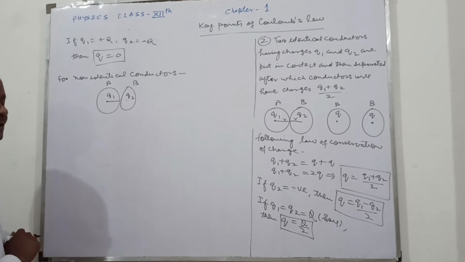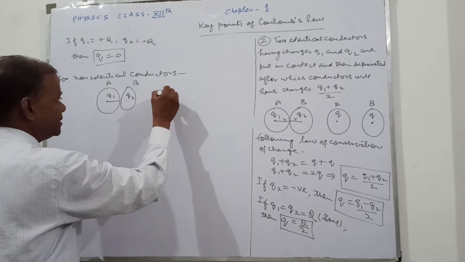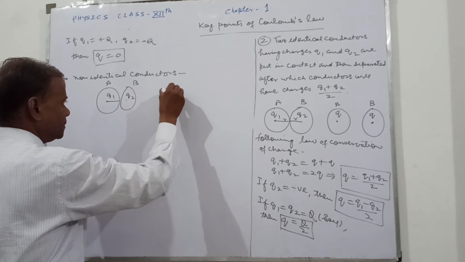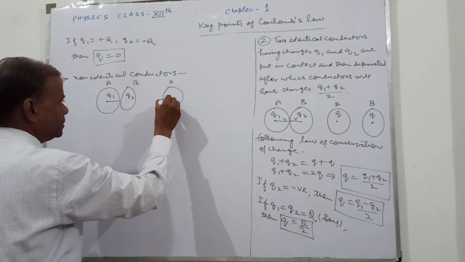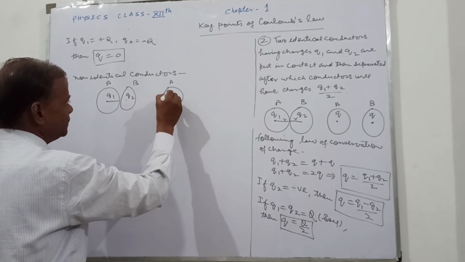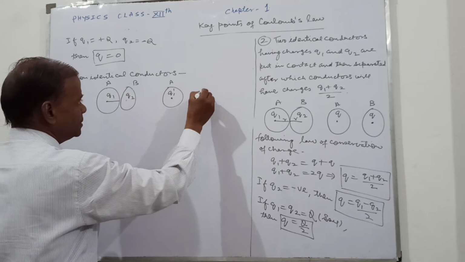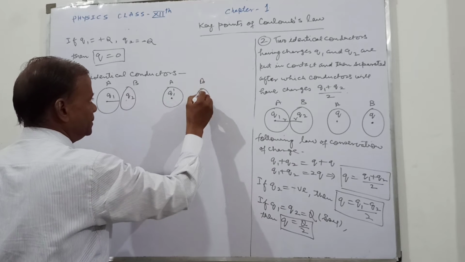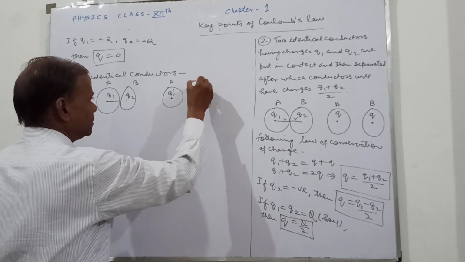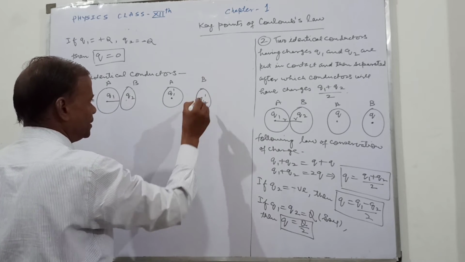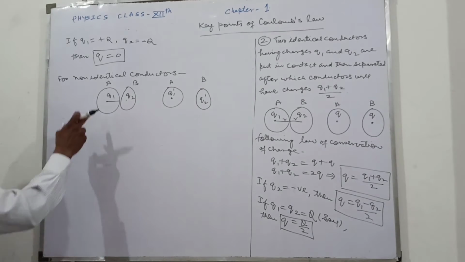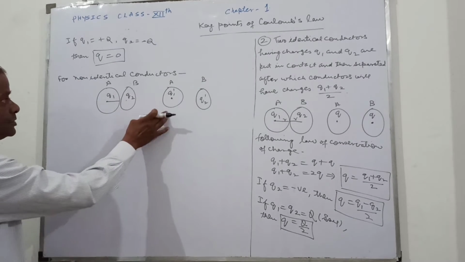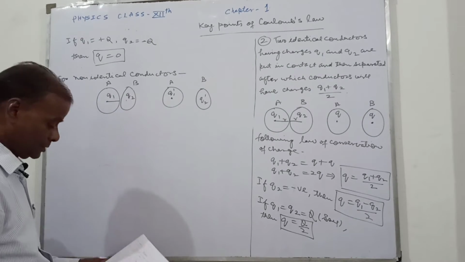They are not identical and then they are separated. After separation A will have the charge Q1 dash and B will have the charge Q2 dash. Now they are not identical, then what will happen to this charge Q1 dash and Q2 dash?